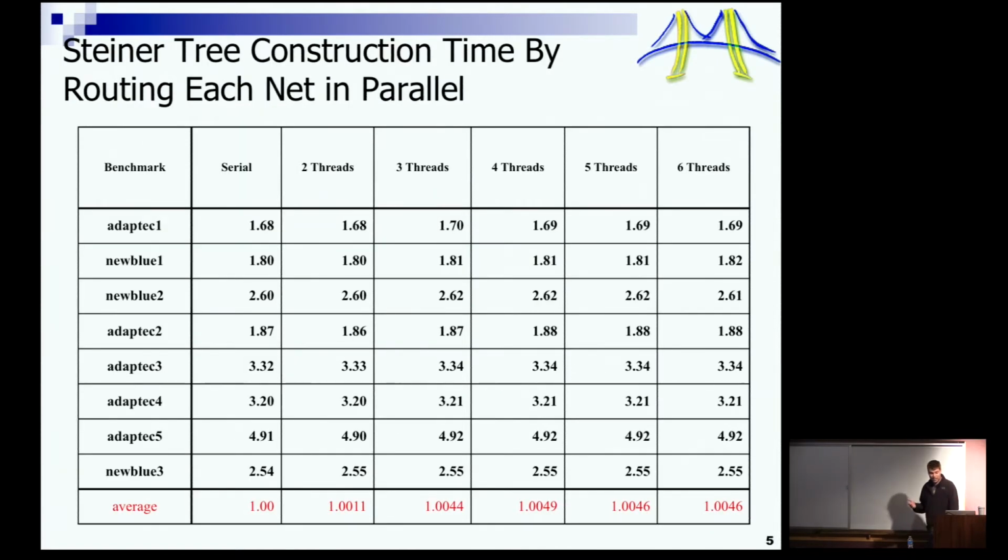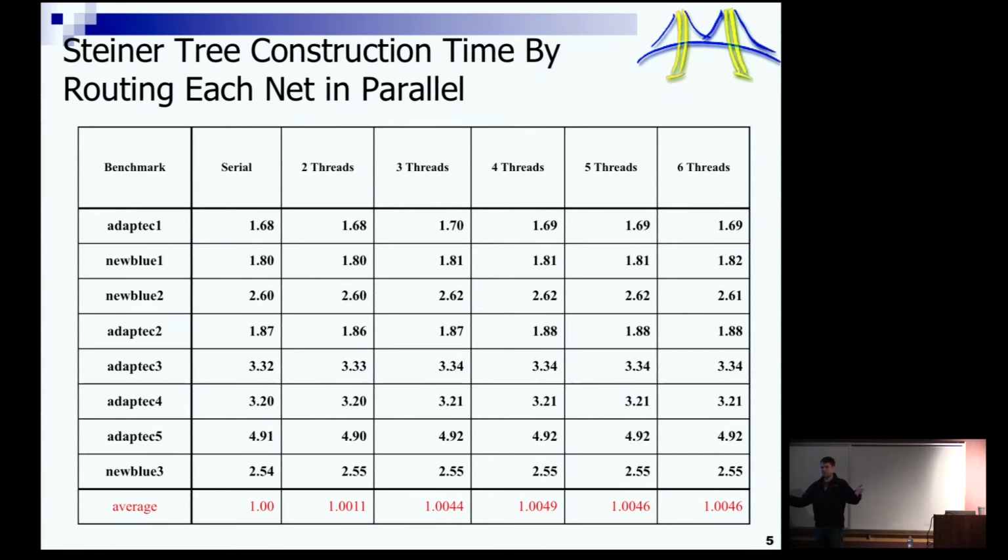In fact, one of my colleagues began doing this approach to parallel programming for an EDA problem called Steiner tree construction, or routing. He found the hotspot, which had to do with routing each net.